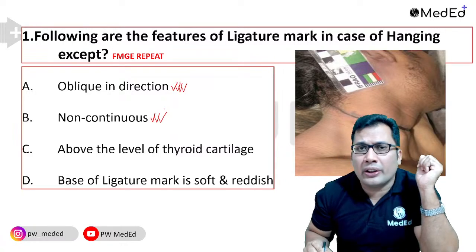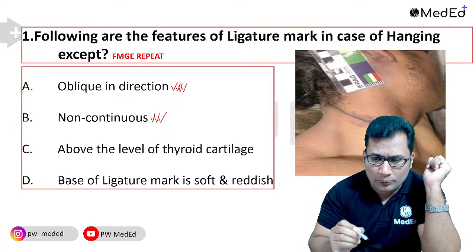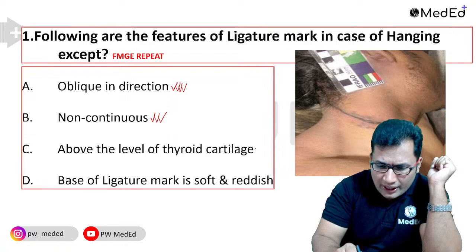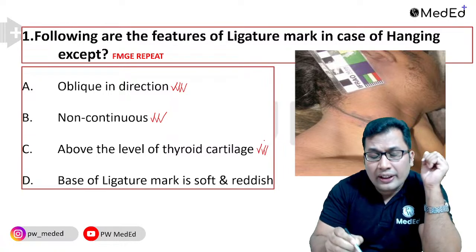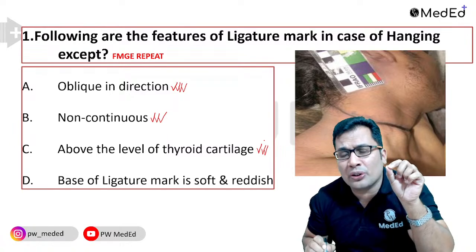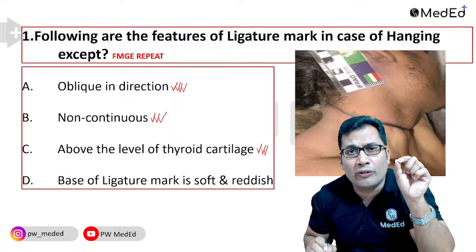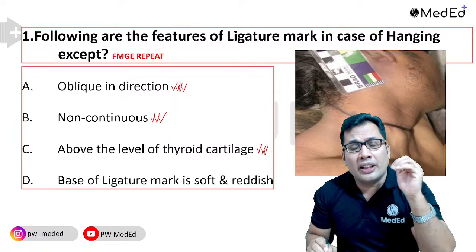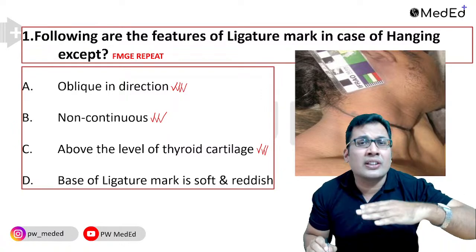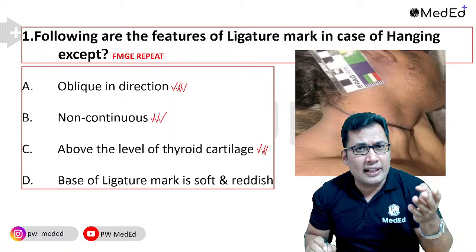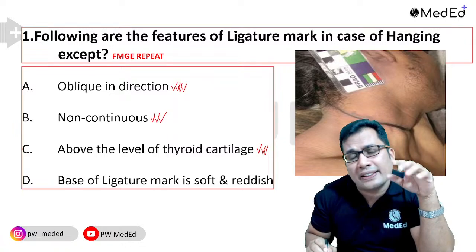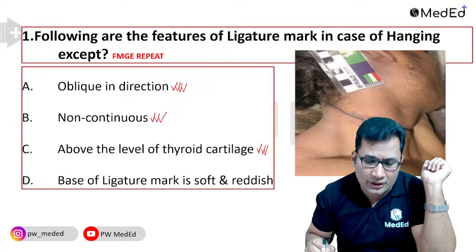So it is non-continuous. That is also true. Above the level of thyroid cartilage, in 80% of the cases of hanging, ligature mark is above the level of thyroid cartilage. In around 15% of the cases, it is at the level of thyroid cartilage. In 5% of the cases, it is below the level of thyroid cartilage.